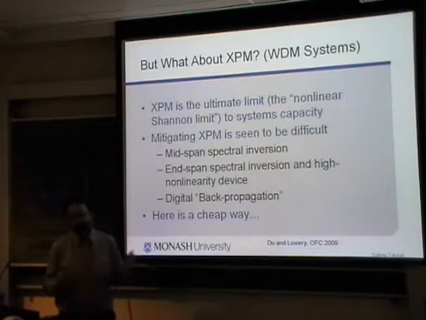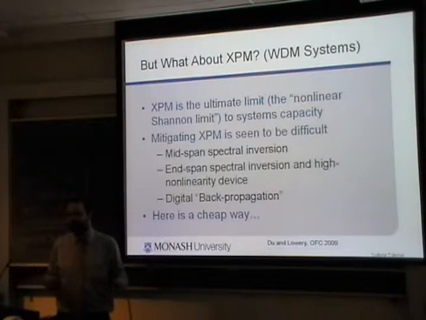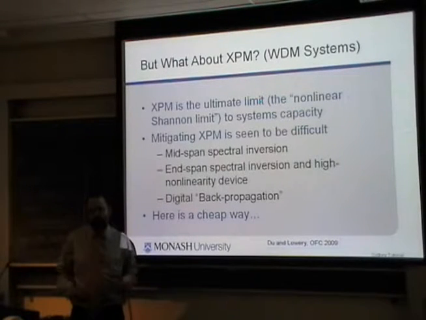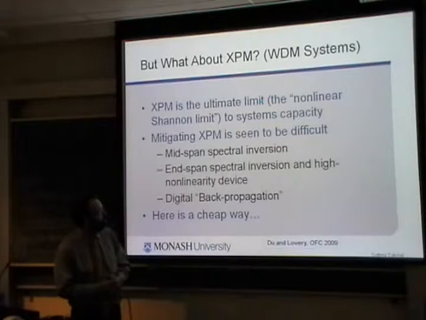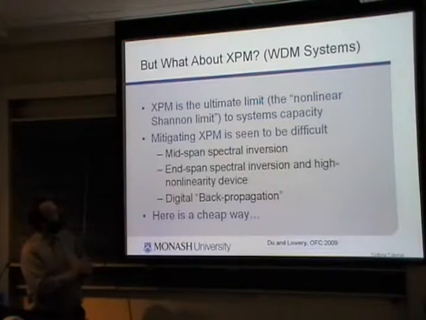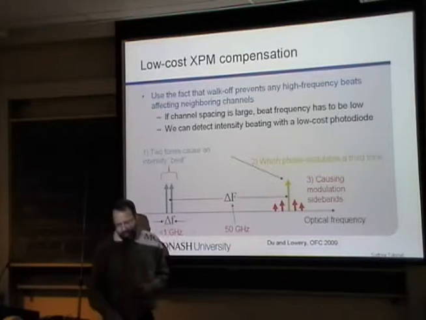It would require huge amounts of computation because of the bandwidth. But we've just shown that the bandwidth doesn't really matter. A small bandwidth works quite well. So can we use what we've learned in the previous slide to compensate for XPM? So back to this one.